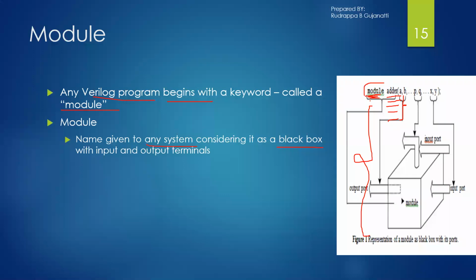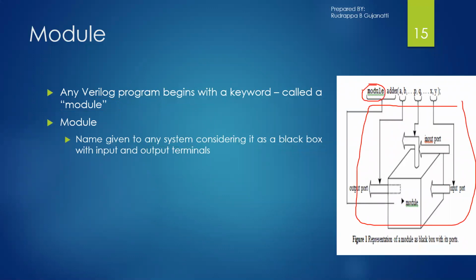It is just a name which tells that this is the entire system and it can perform some operation. What type of operation, this keyword is not telling. Therefore we term this a black box. I don't know what is exactly happening within. It is just telling that this can act as an entire system, and so the name for this we identify as a module.